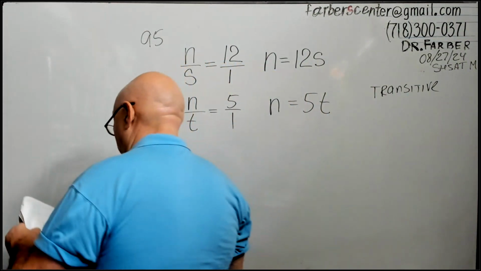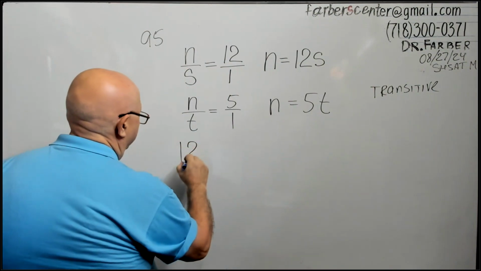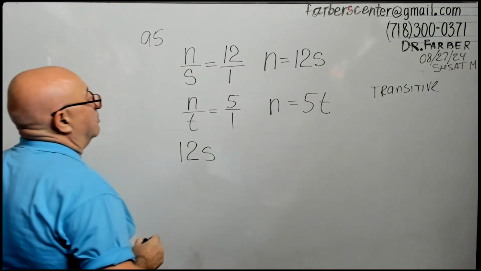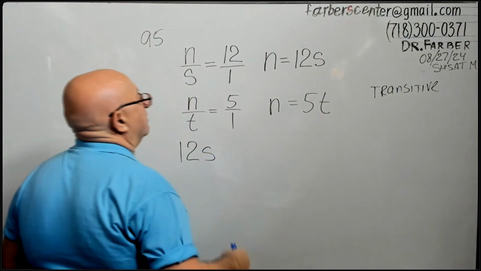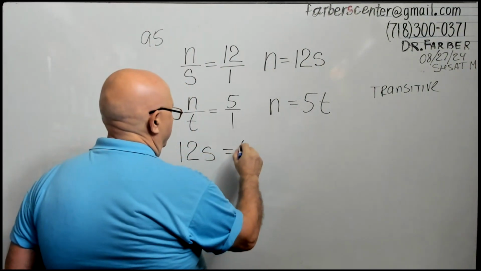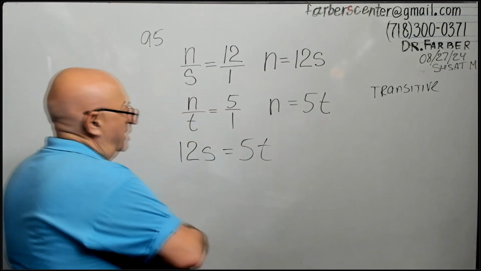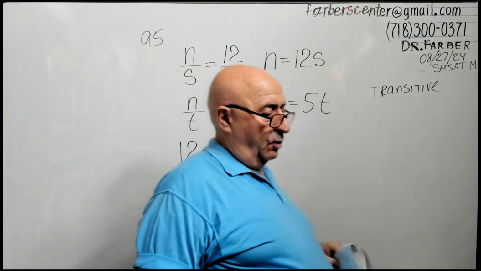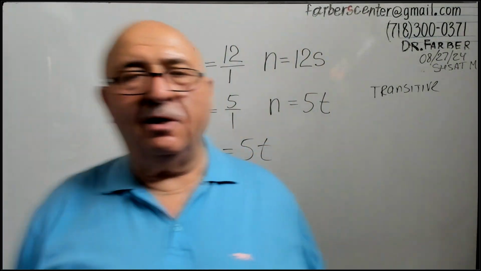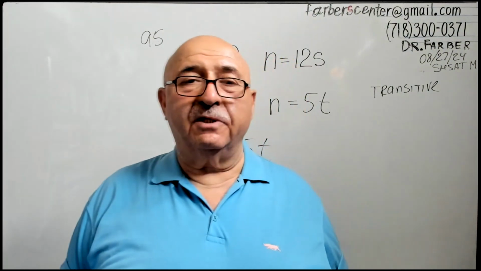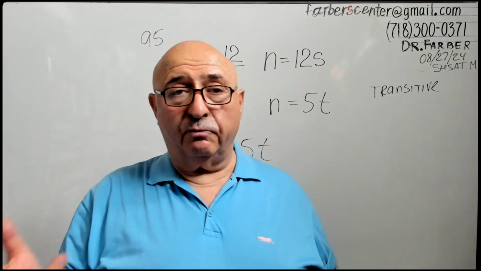I can write 12s equals 5t. Now, we have one equation and two unknowns. Theoretically, this has no defined solution because for two unknowns, you need two equations.